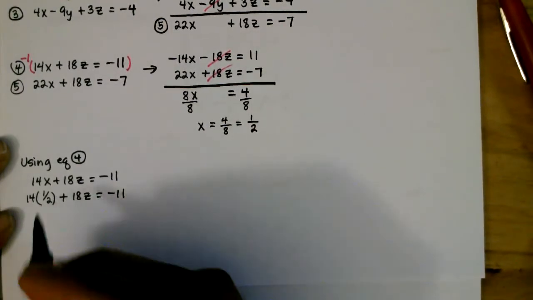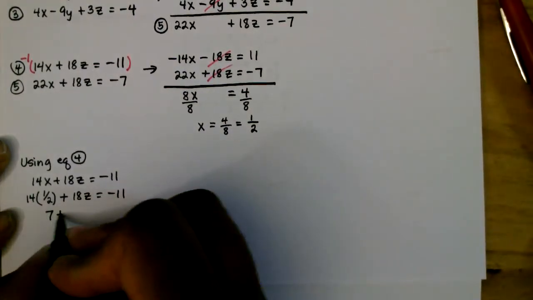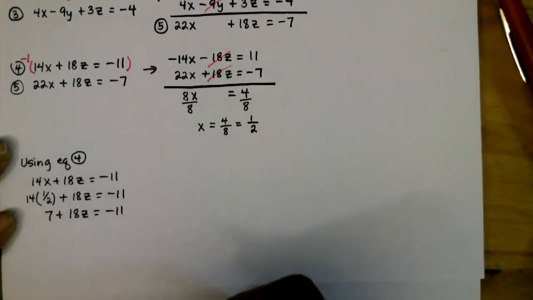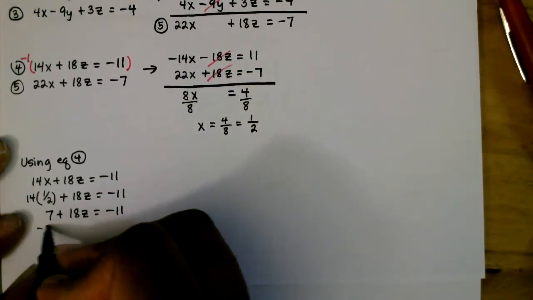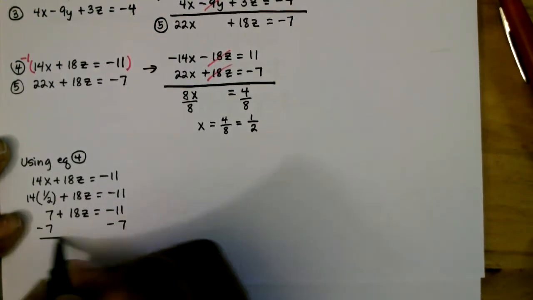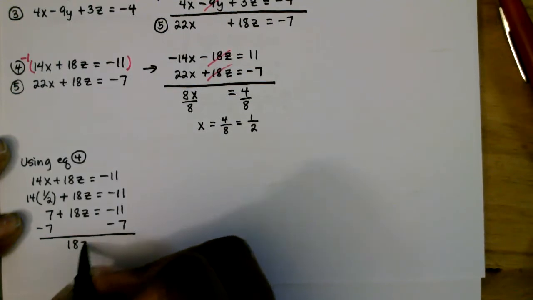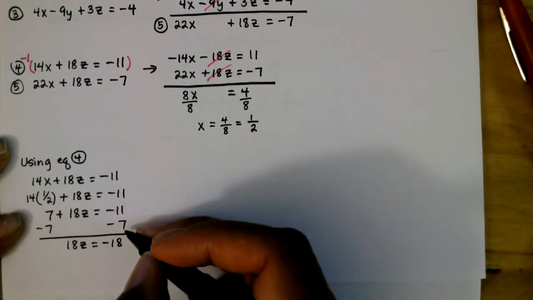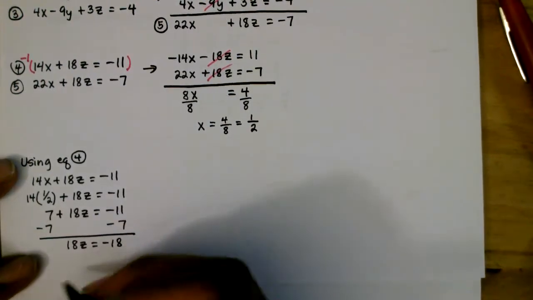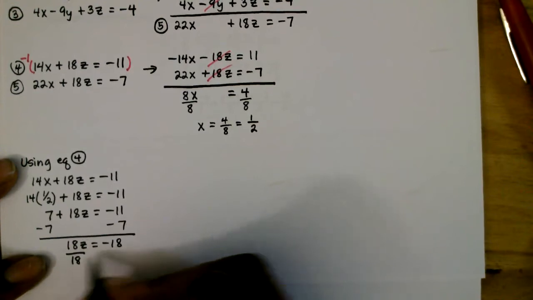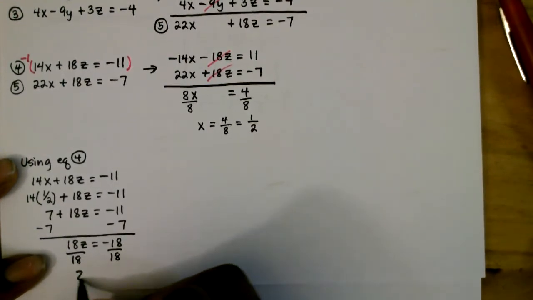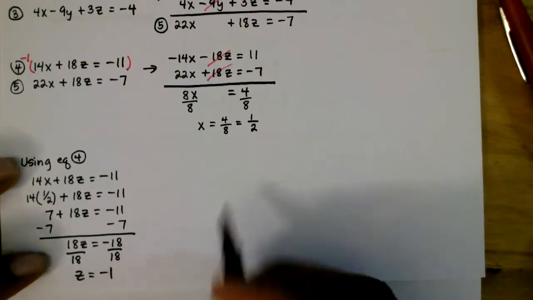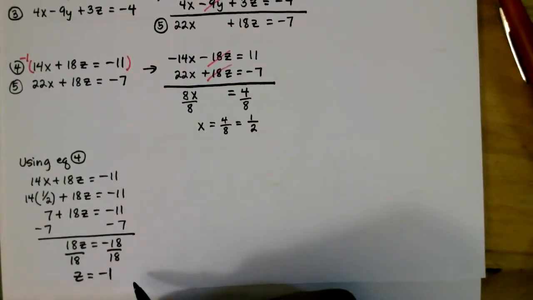Well, 1/2 of 14 would be 7, so I'll have 7 plus 18z equals negative 11. Now, if I subtract 7 on both sides, I'm going to get 18z is equal to negative 18. That's negative 11 minus 7. And then divide both sides by 18. That means z is equal to negative 1. Well, x is 1/2, z is negative 1.